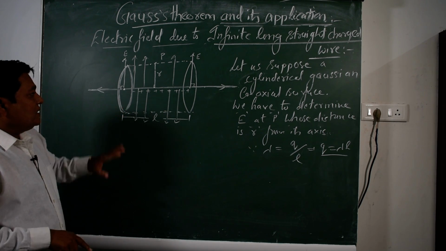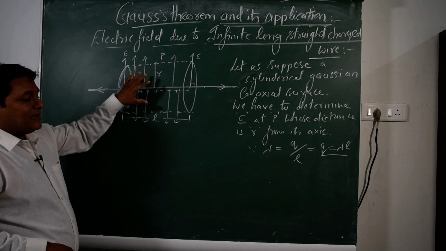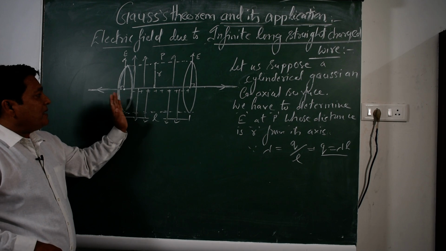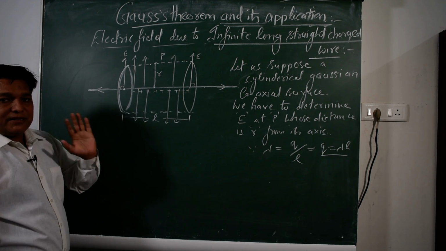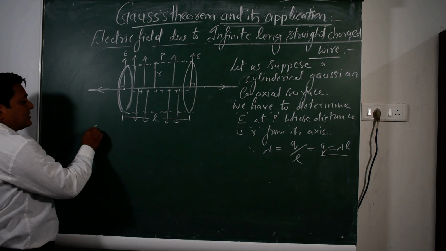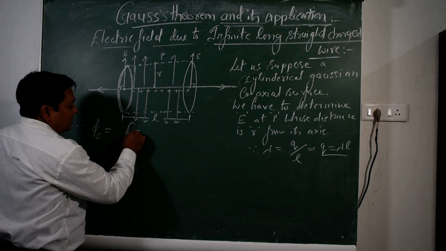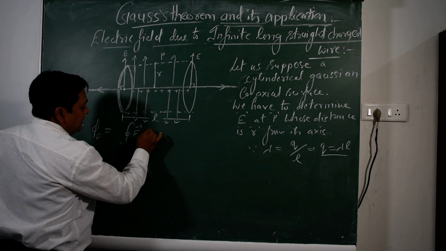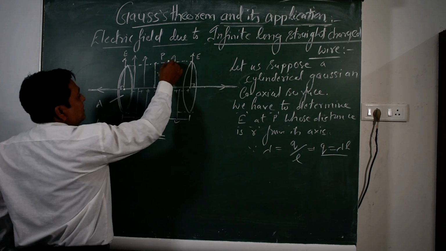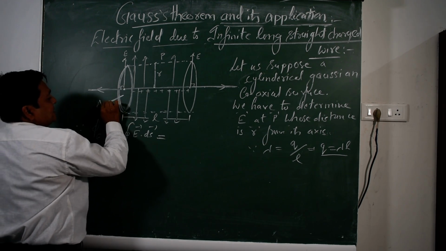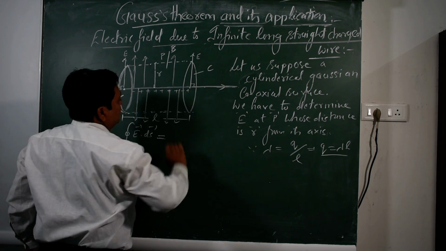So in order to calculate the total flux linking with the surface, we divide it into three parts: two circular faces and one curved surface for this Gaussian surface. Total flux linked with the surface is equal to the closed integration of vector E dot vector ds. We consider this surface A part, this B part, and this C part.